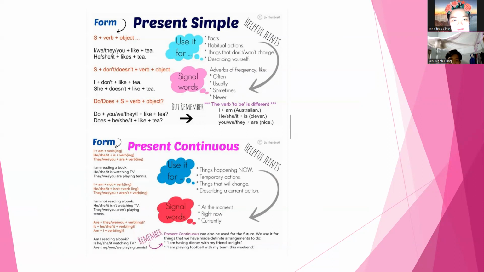Can you give me 1 minute? A minute to prepare. Okay, sure, no problem. For this one, all you have to do is to have some sort of introduction. For example, hi, I'm Hong. This afternoon, I'll be discussing the difference between present simple and present continuous. First, let's talk about present simple. We use it for facts. All you have to do is to read the information that I've got right here.